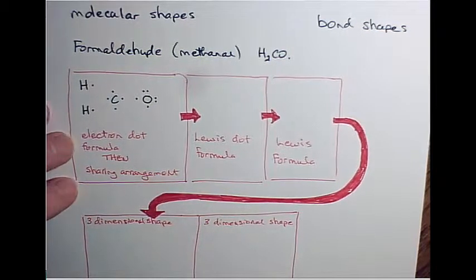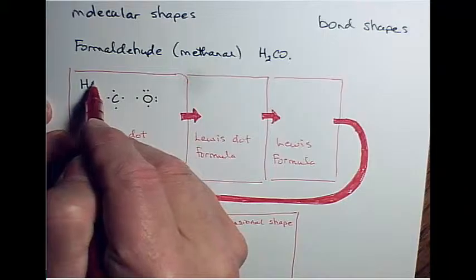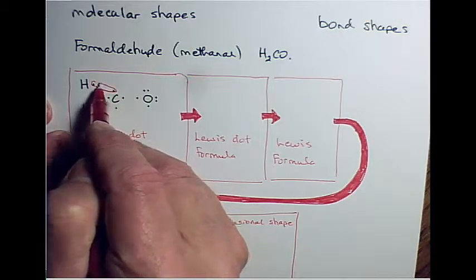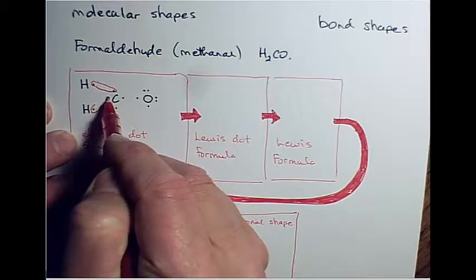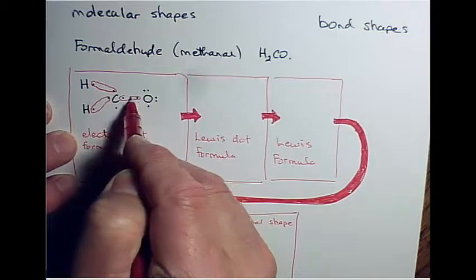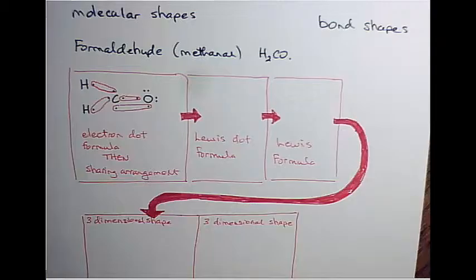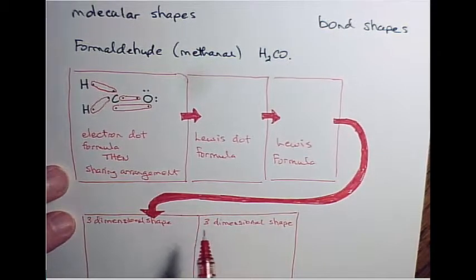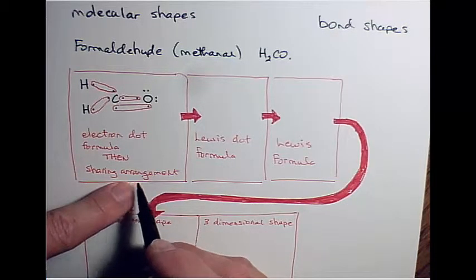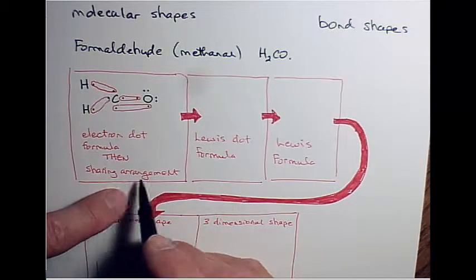So, I will share these 2 electrons here, and these 2 electrons here, these 2 electrons, and these 2 electrons. So you can only share 2 electrons in a set. Okay? Now, once we've got this sharing arrangement, we're going to do the Lewis dot formula.